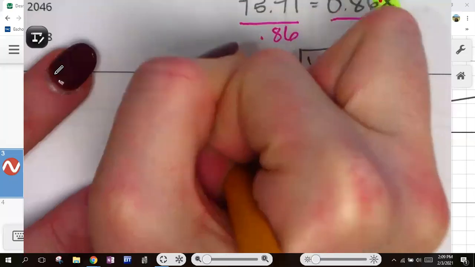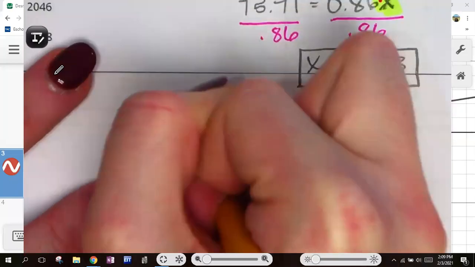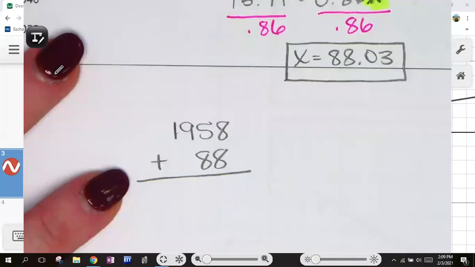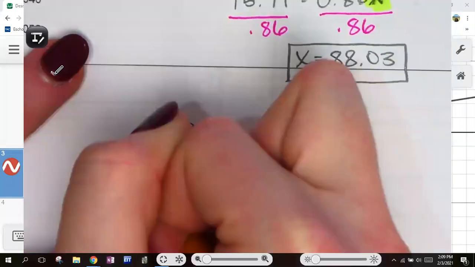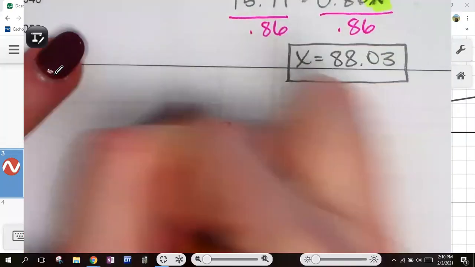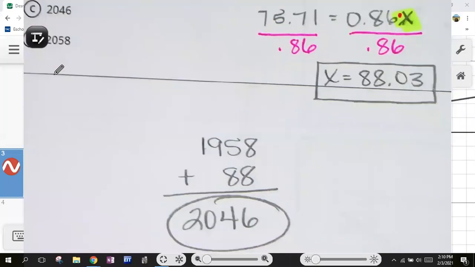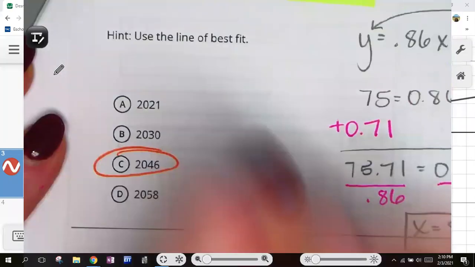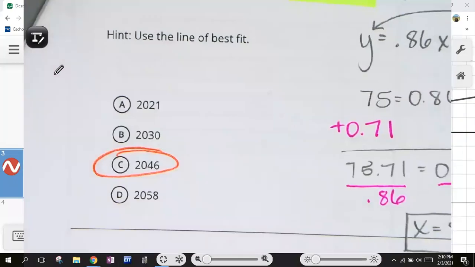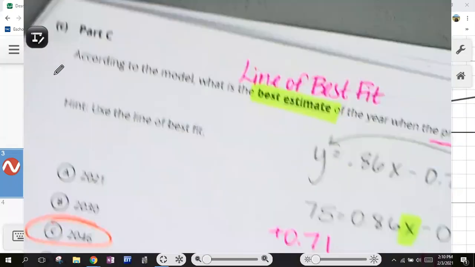So we have to take 1958 and add 88 years to it. And when we do that, we get 2046. Okay, so what's our answer? C. There will be one similar to that on your test, so make sure you know how to do it.